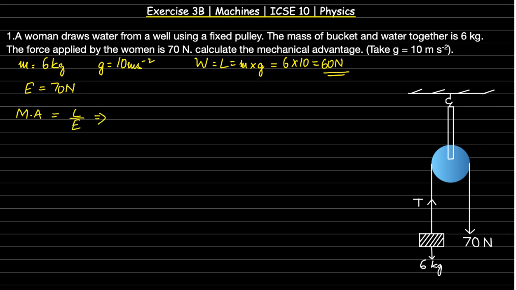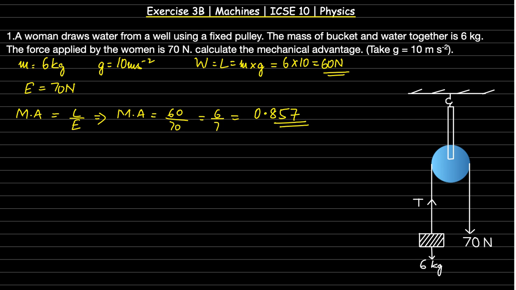So mechanical advantage, MA, is equal to load, 60 newtons, divided by effort, 70 newtons, so that gives us 6 by 7. So 6 by 7 is approximately equal to 0.857. So we get the mechanical advantage as 0.857.